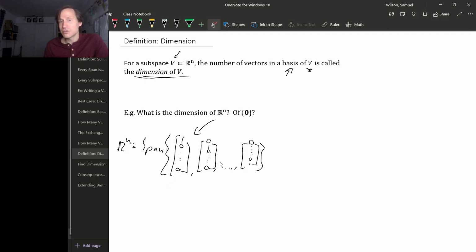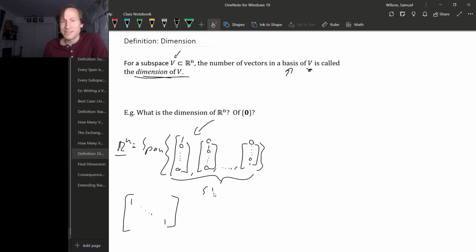But also, these are linearly independent because if you put these all into a matrix as columns and row reduce, you just get the identity matrix. So it's already row reduced, and these vectors are linearly independent. So these vectors span Rn and are linearly independent, so they are a basis for Rn.